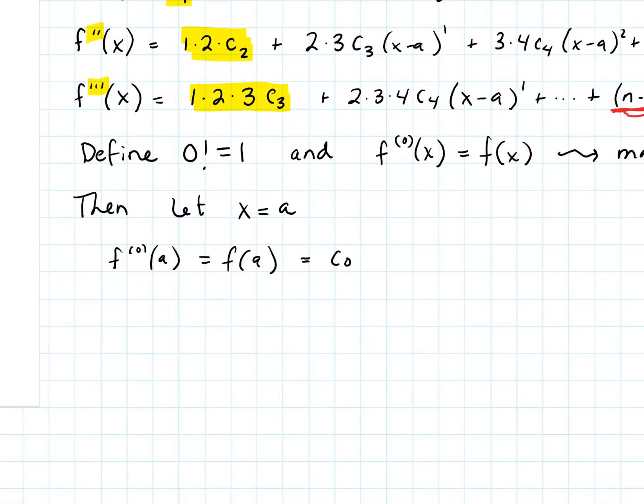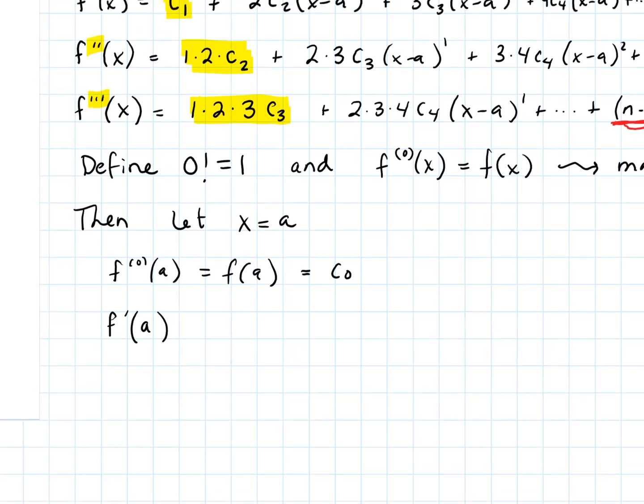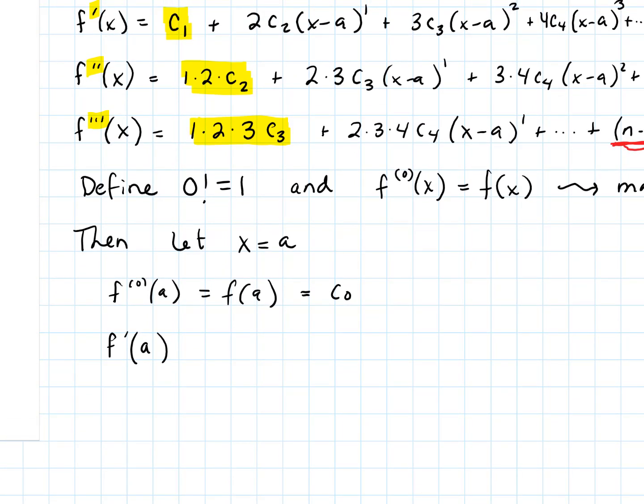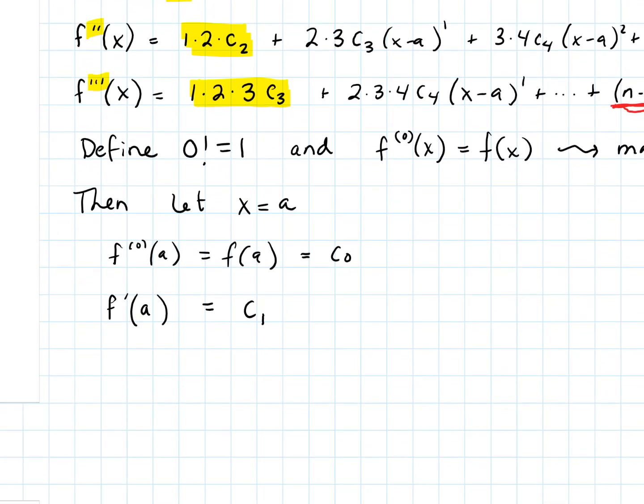And when I take the first derivative and evaluate it at a, I get just c1, the first coefficient after the constant. So c0 is the constant, and then c1 is the first coefficient.